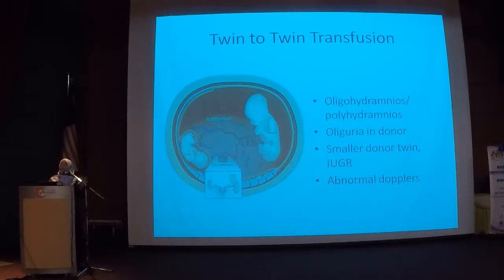So if in one sac the deepest vertical pool is less than 2, it is considered oligohydramnios, and if the other sac is more than 8, it is considered polyhydramnios. Oliguria in the smaller donor twin, intrauterine growth restriction, and later on you can have abnormal Doppler.